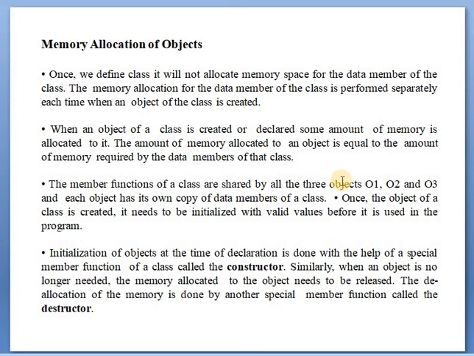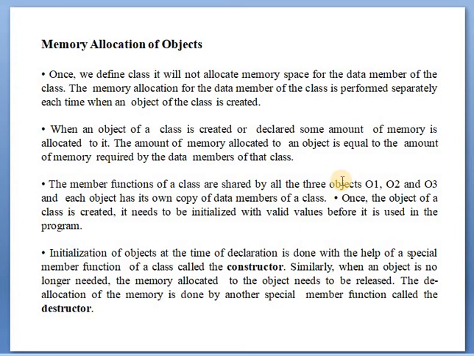The amount of memory allocated to the object is equal to the amount of memory required for the data members of the class. The member functions of a class are shared by all three objects, that is object 1, object 2 and object 3, and each object has its own copy of the data members of a class. Once the object of a class is created, it needs to be initialized with valid values before it is used in the program.